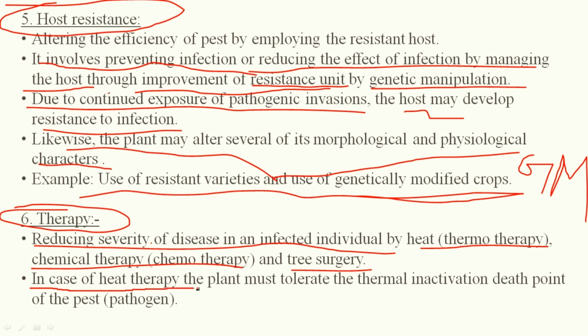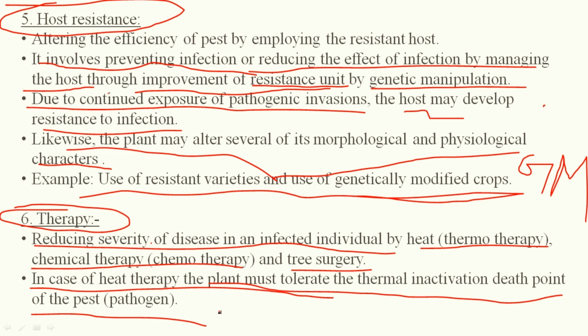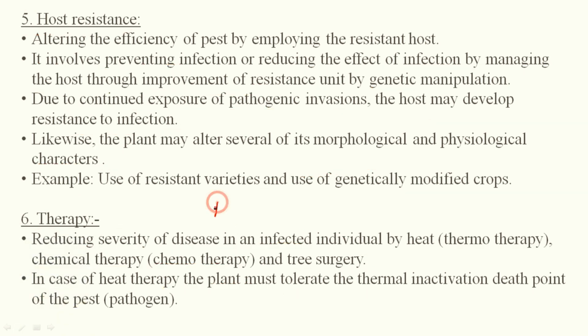In case of heat therapy we have to be conscious that the plant must tolerate the thermal inactivation temperature, the death point of the pest. Suppose the pest, you have to understand this one. I hope you understood, but still you see, suppose for the pest the mortality temperature is how much?